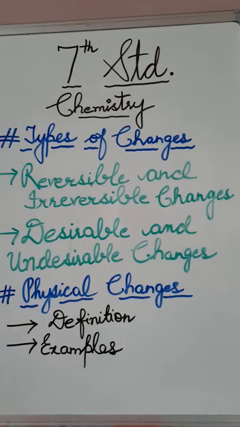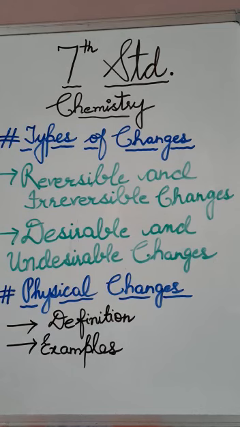And the next classification is desirable and undesirable changes, right? Some changes are useful to us, as the name suggests, and are therefore desirable. Examples: the ripening of fruit, growth in living beings, and the changes involved in cooking. So there are three separate examples mentioned here.